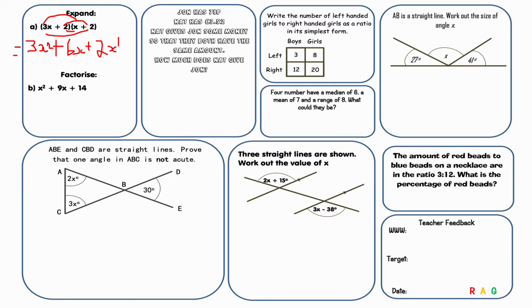Combining your like terms, I get 3x squared plus 8x plus 4, because 6x plus 2x simplifies to 8x.